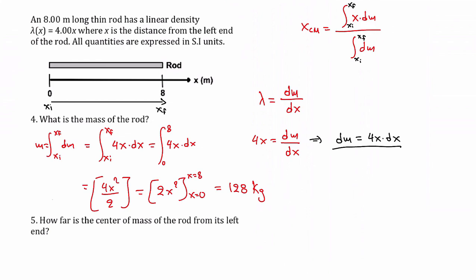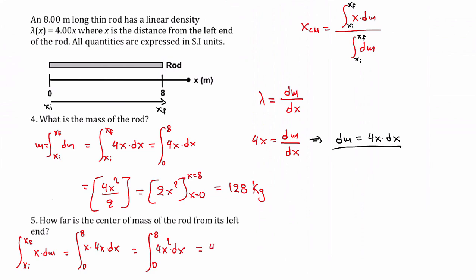Now in order to find the center of mass, we need to first calculate the first integral, so the integration from x initial to x final of x times dm. We know that x initial is 0, x final is 8, and we have x times, instead of dm, we're going to replace 4x dx, so this is the integral from 0 to 8 of 4x squared times dx.